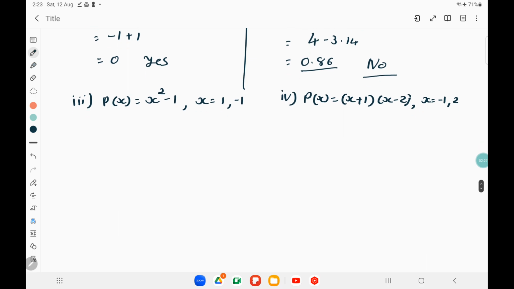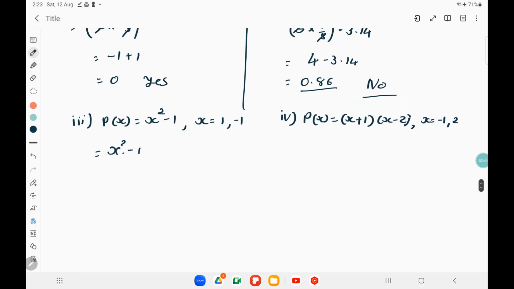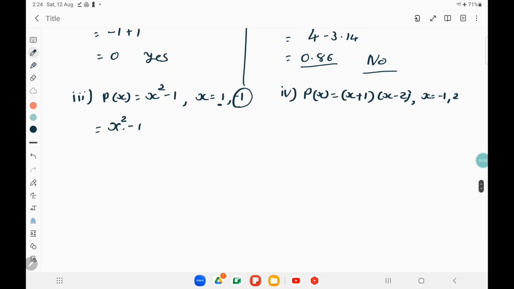Let's move on to the next example. Here the polynomial given is x square take away 1, and what is the x value? We are given the x value 1. First we put the value 1, and the second time we try the value minus 1.